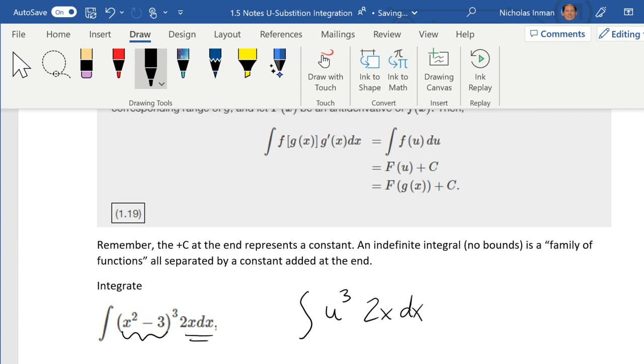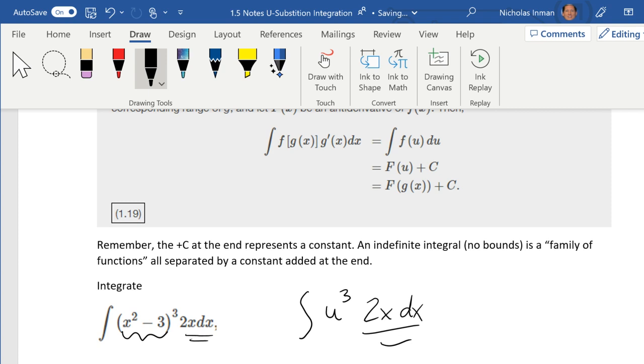Well, to take the derivative of u, we take the derivative of the other side. So the derivative of this would be 2x, derived with respect to x, 2x dx. Now, you see how this 2x dx perfectly matches this 2x dx? It's also part of our now integral. Well, we can substitute that out as well.